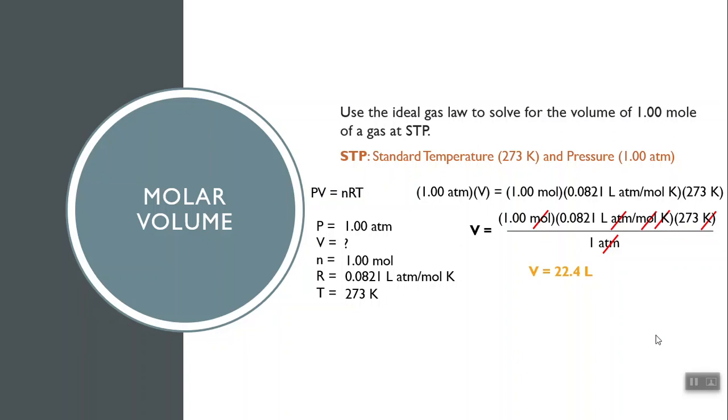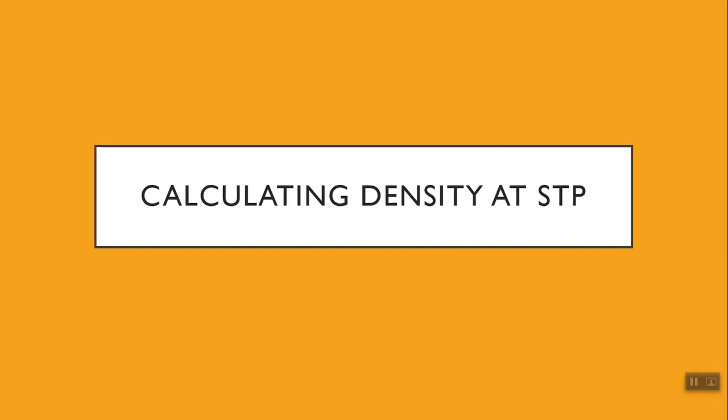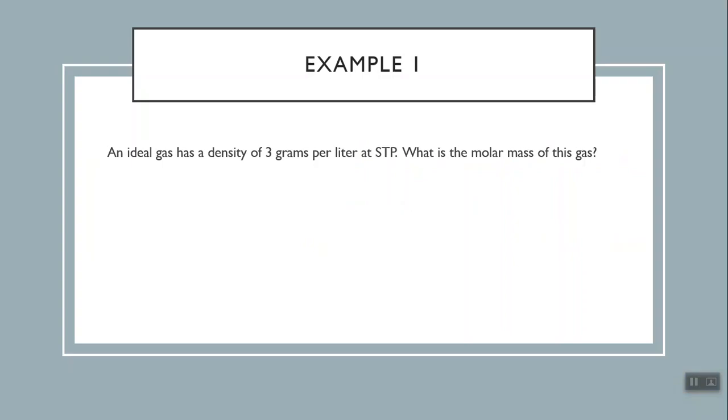Now that we saw the volume of a gas at STP, let's calculate the density of a gas at STP, standard temperature and pressure. Example 1 states that an ideal gas has a density of 3 grams per liter at STP. What is the molar mass of this gas? When you see the words STP, think about the molar volume that we just solved for, which is 22.4 liters per mole.